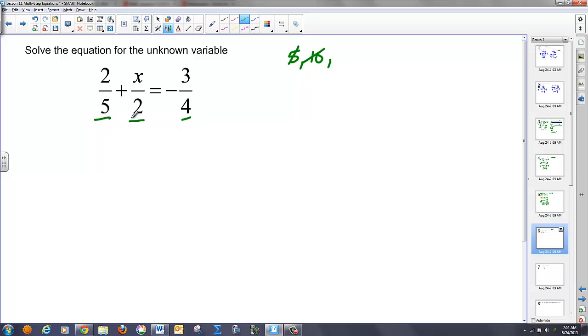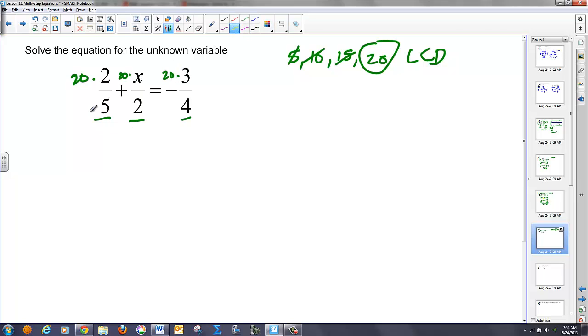Then I try again, and I say, well, how about 15? 2 doesn't go into 15, that's not going to work. I go to 20. 5 goes into 20, 2 goes into 20, 4 goes into 20, so that's my LCD. And I'm going to multiply each term by 20. I'm going to write it in this way: 20 here, 20 here, 20 here.